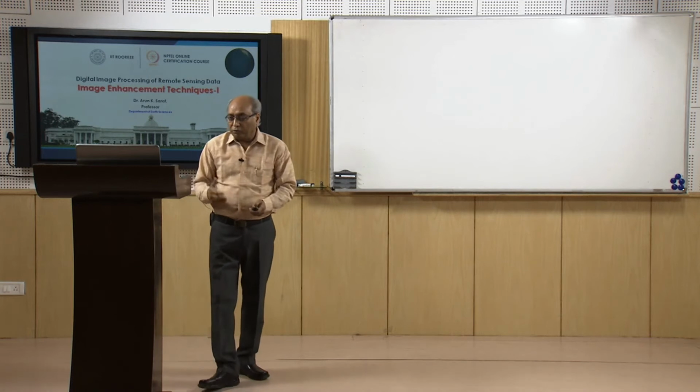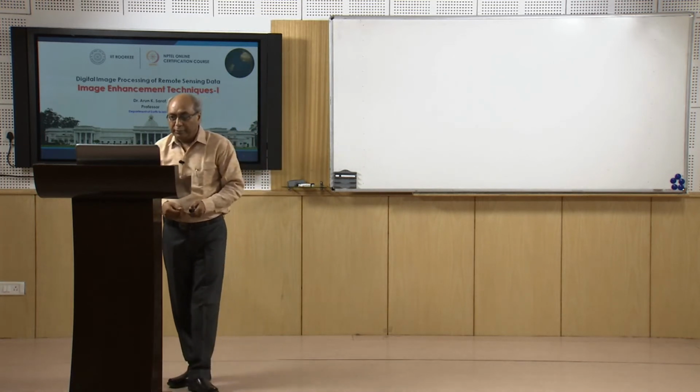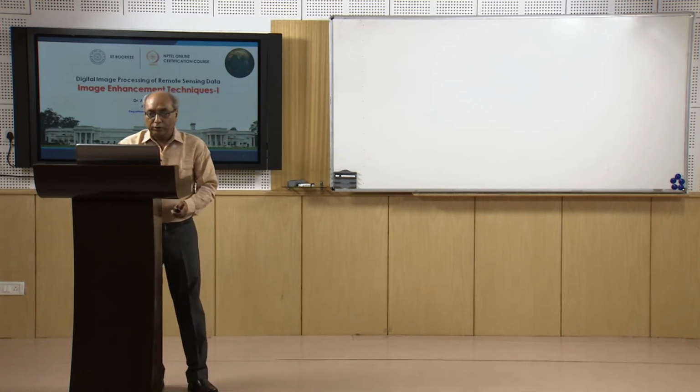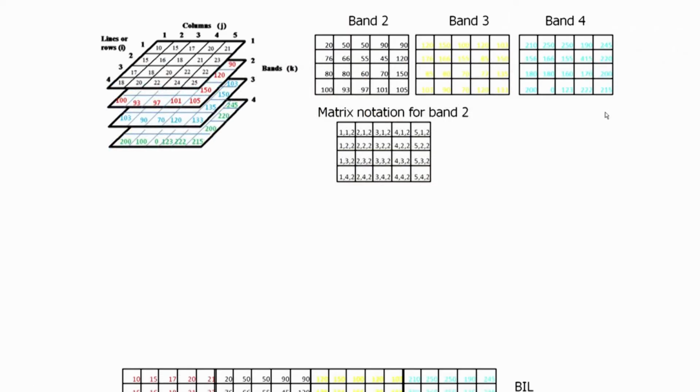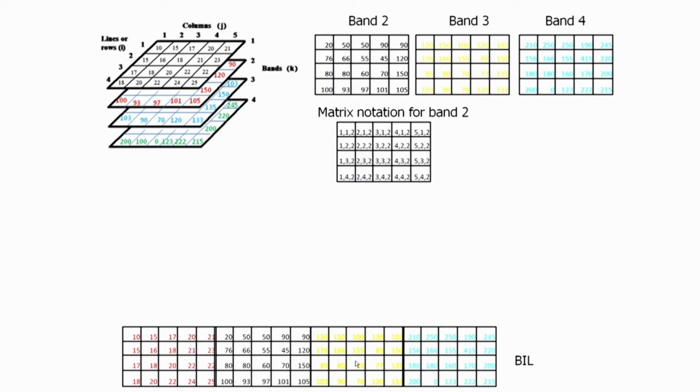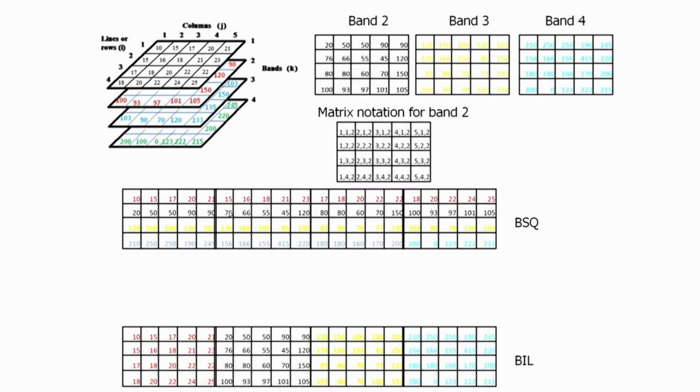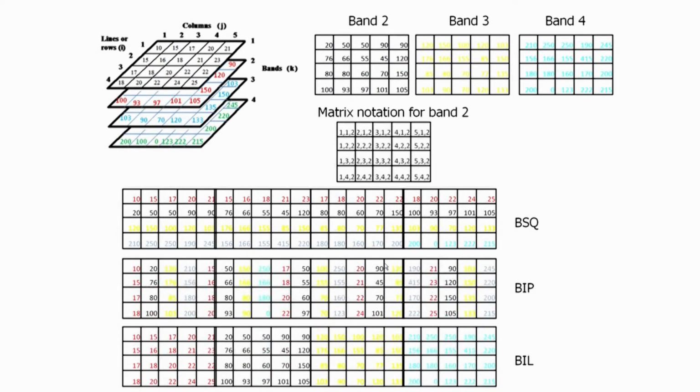And this is a further elaboration: in BSQ, this is how band 1, band 2, band 3 are all stored, and likewise you have the BIL format. Then BSQ format is something like this, and in the BIP format, pixels are stored one after another.